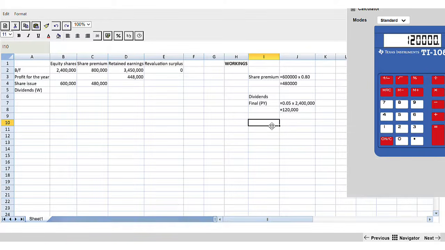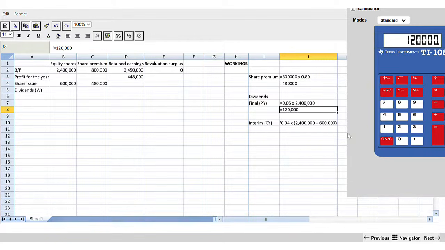So what you've got then is your interim for the current year. What we have there is 0.04 times, yes, we had the 2.4 million. But you've also got the 600,000 as well.